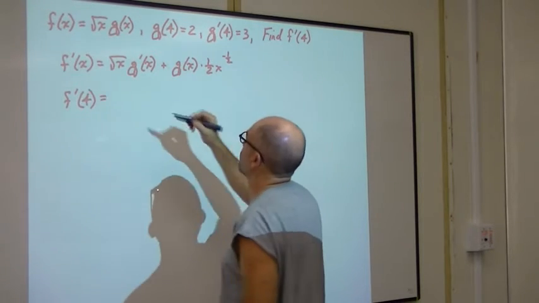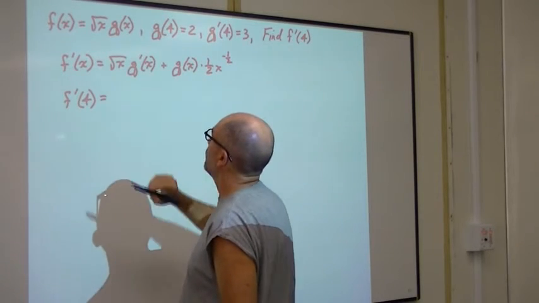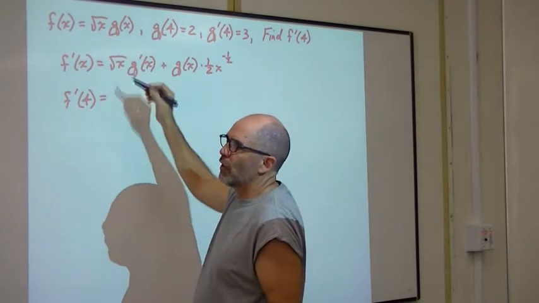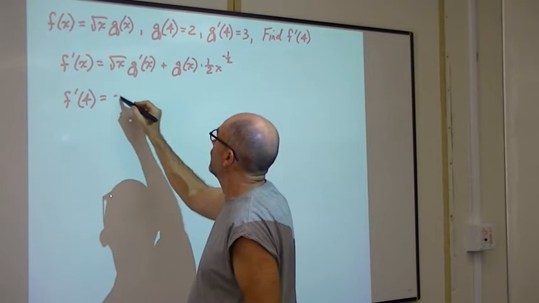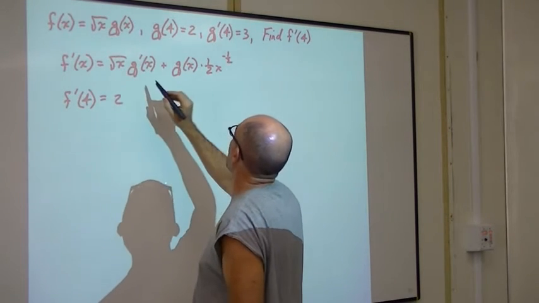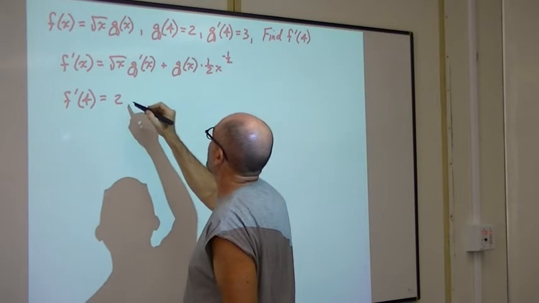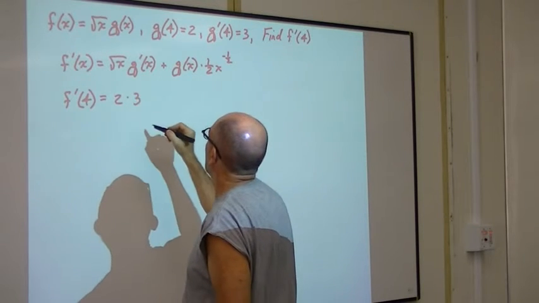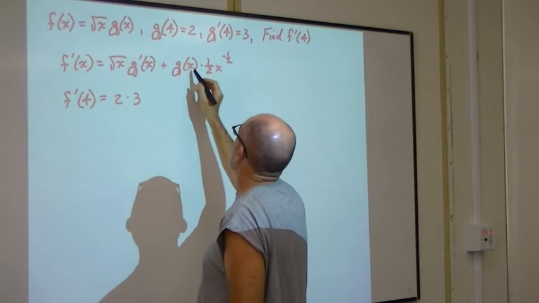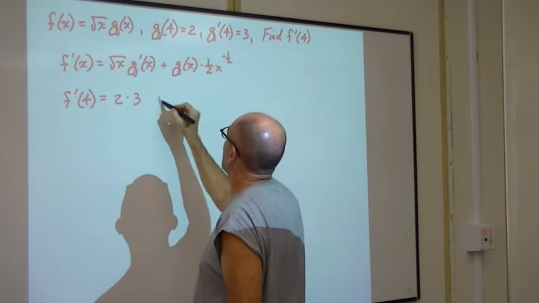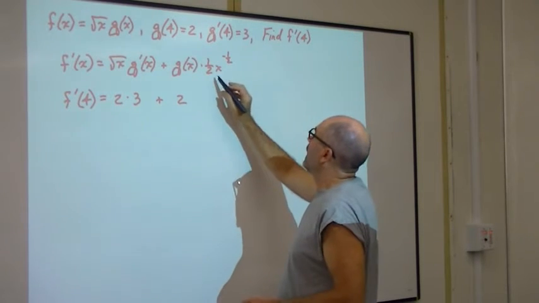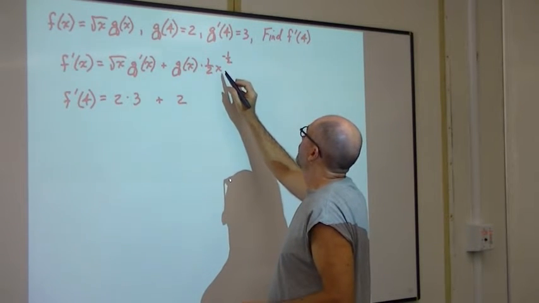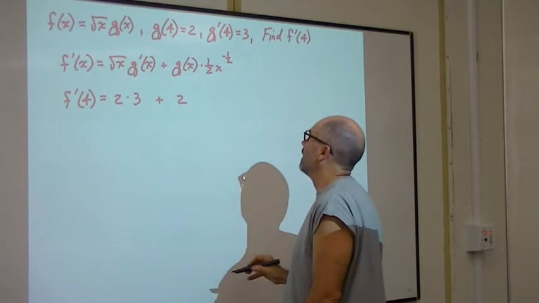So all I do is I put a 4 in everything. So put a 4 in for x everywhere. So the square root of 4 is 2. And g prime of 4 is 3. And g of 4 is 2. And 1/2 times 4 to the negative 1/2.